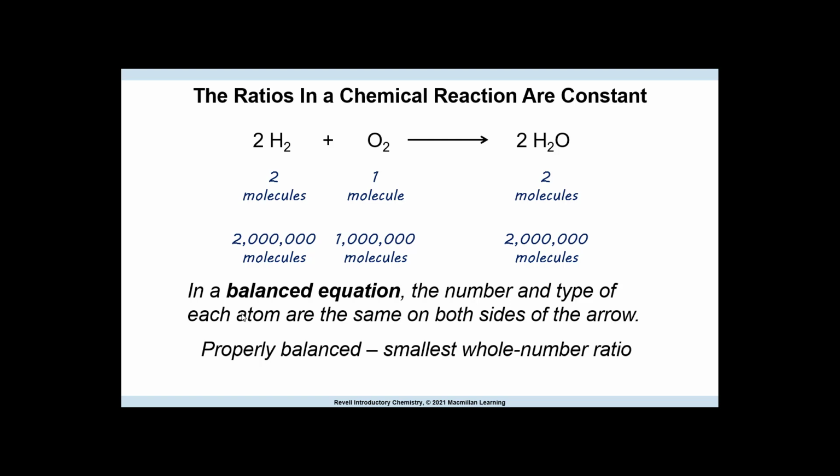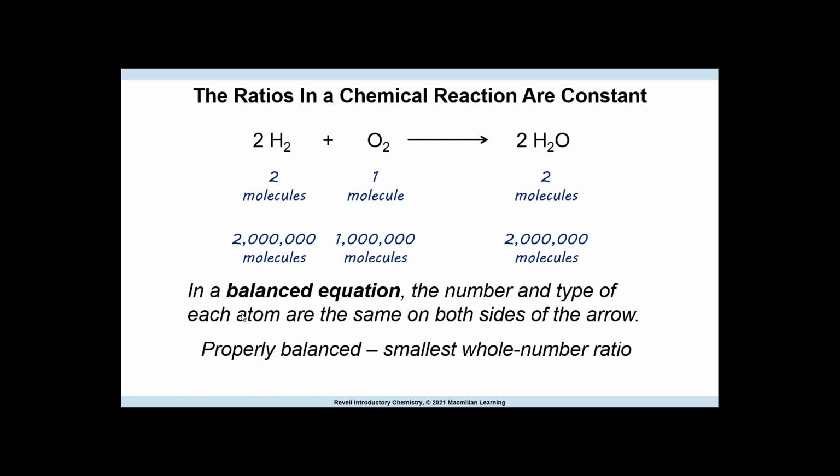So chemical equations describe what happens at the atomic level, but they also provide a ratio for larger reactions. This equation tells us that 2 molecules of hydrogen react with 1 molecule of oxygen to produce 2 molecules of water. What if 2 million molecules of hydrogen reacted with 1 million molecules of oxygen?